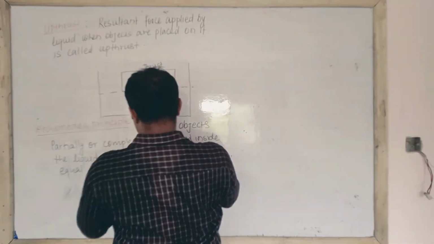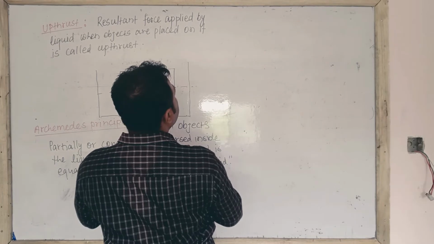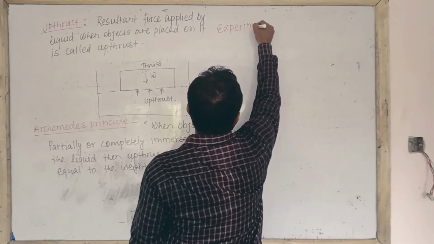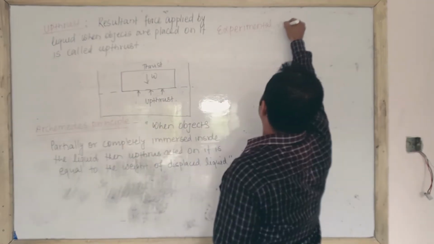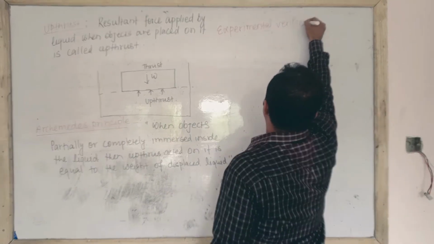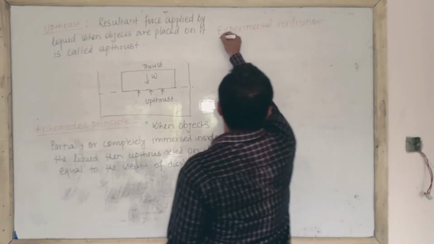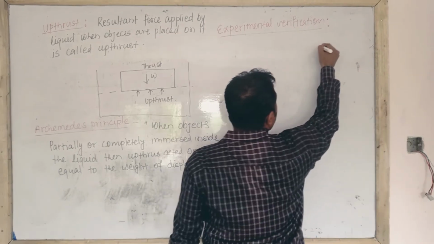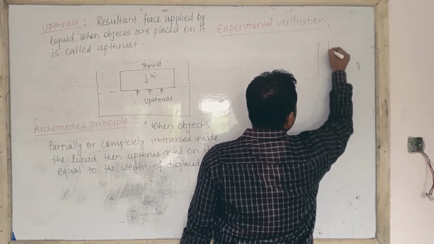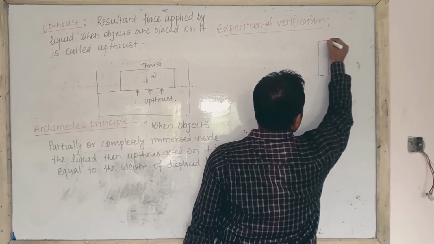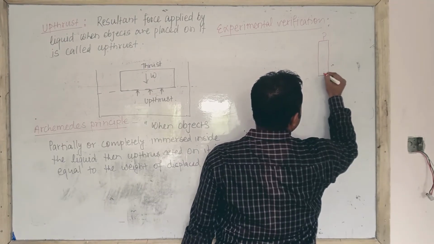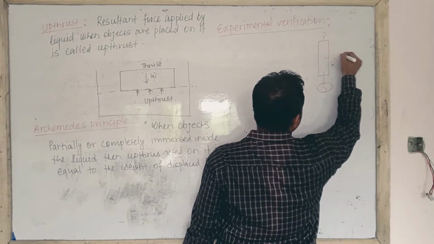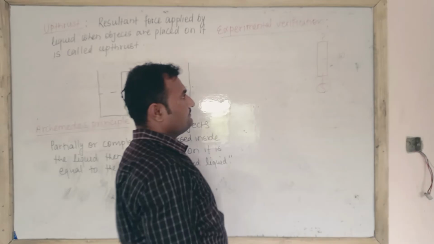Experimental verification of Archimedes principle. We measure the weight of an object in air. Suppose we found its weight is W1 in air.